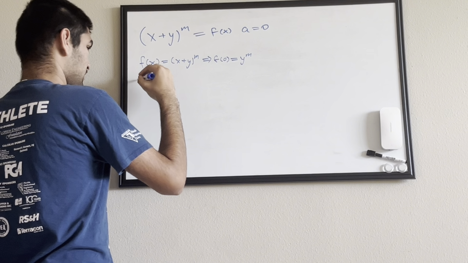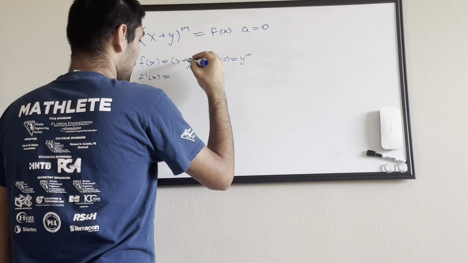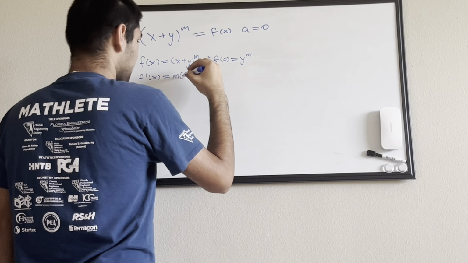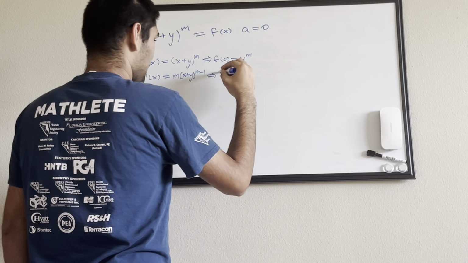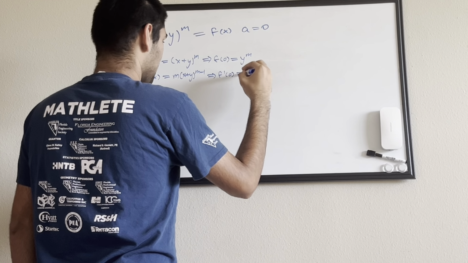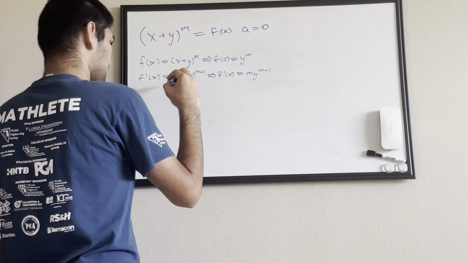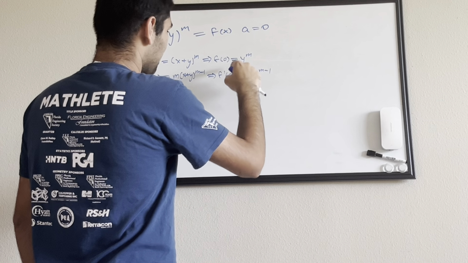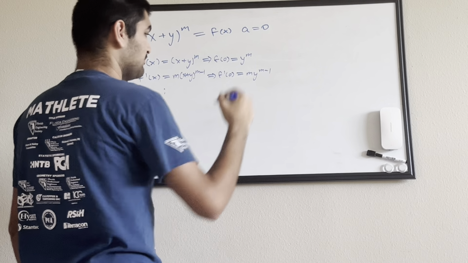And then if we take the first derivative, f prime of x, we get m times x plus y to the m minus 1. Plug in 0 for x, and you get m y to the m minus 1. If you keep doing this, you can see that f of 0, when you plug in 0, is just the derivatives of y to the m.